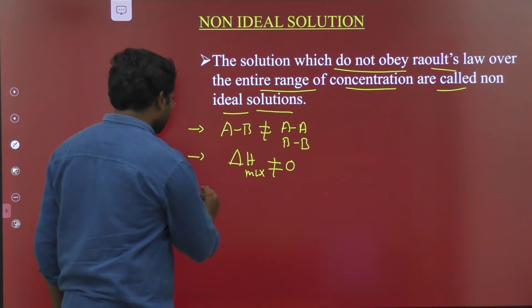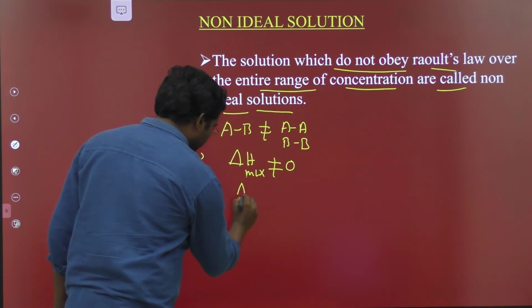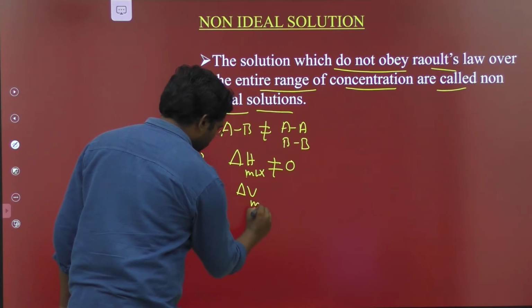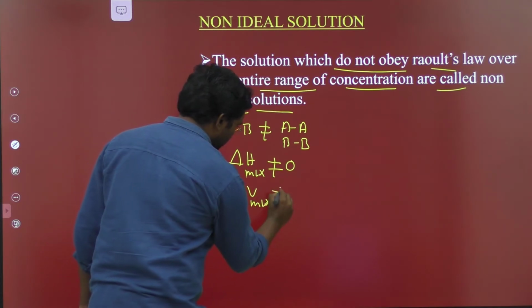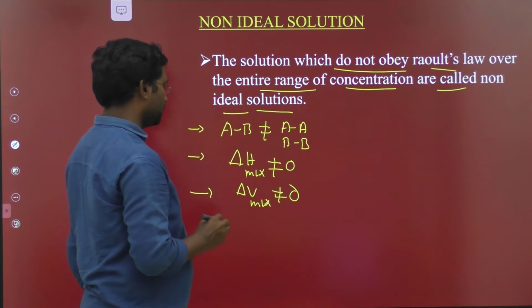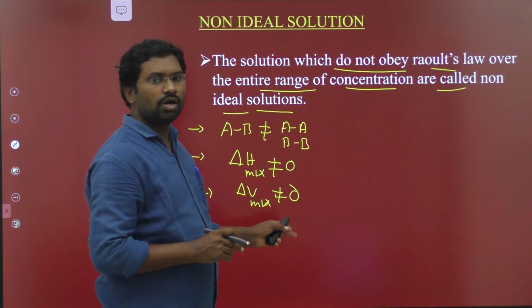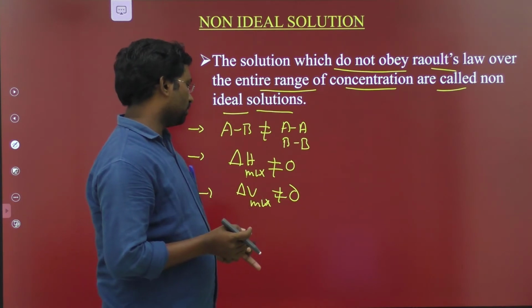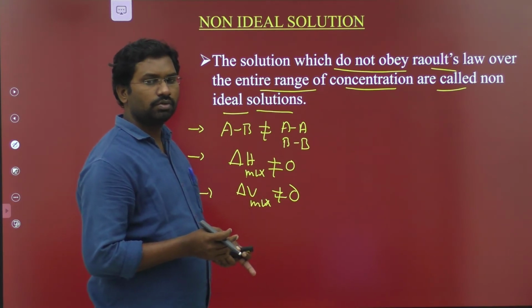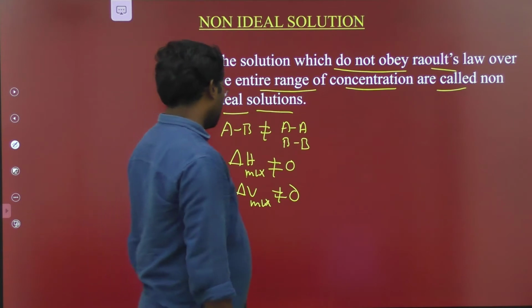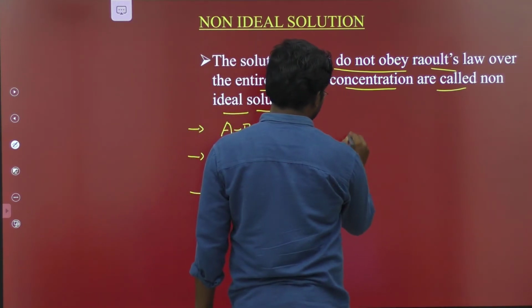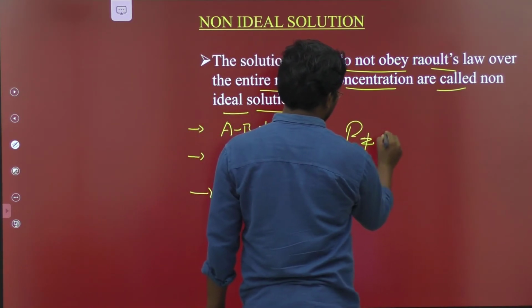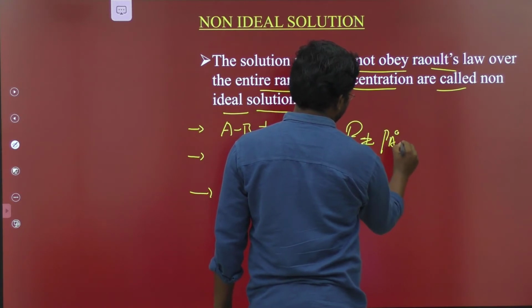And next, delta V mix is not equal to 0. That means the change in the volume of the components which form a solution is not equal to 0. And the last important point is P not equal to PA naught plus PB naught.